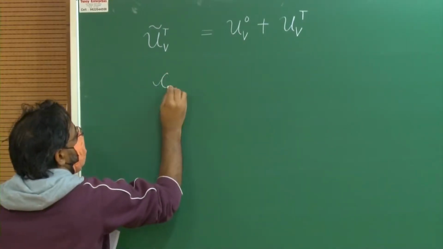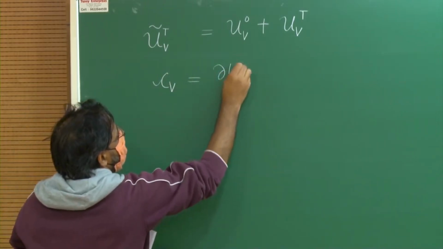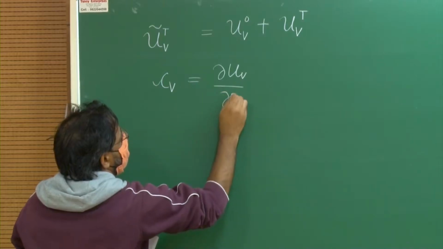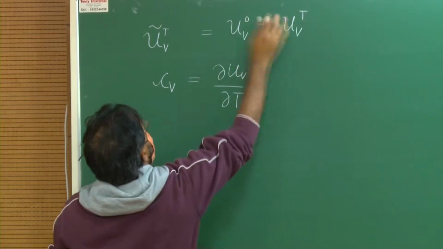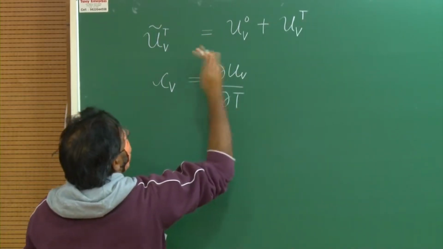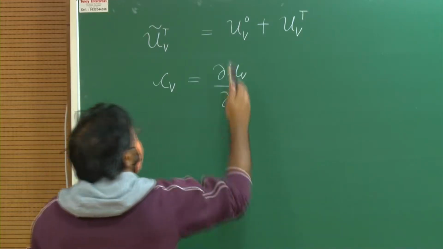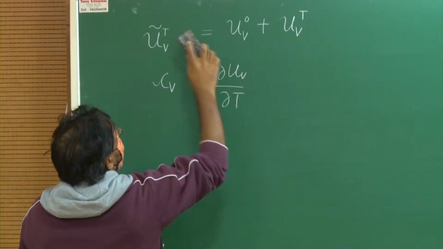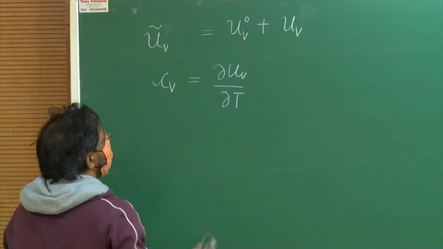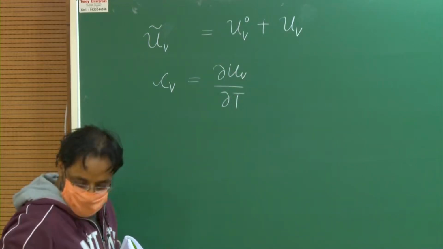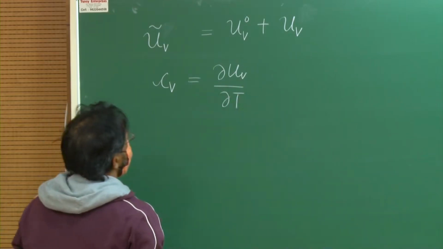So C_V is essentially dU/dT. Okay. I mean, you may put this superscript, you may not put this superscript. By putting it, we are unnecessarily making things very complicated for us. So when there is a 0 here, you know it's a 0 temperature property. When there's nothing here, you know that it's a finite temperature property. So let's not put T, otherwise it will become very difficult for us to follow all the subscripts and superscripts. Okay.